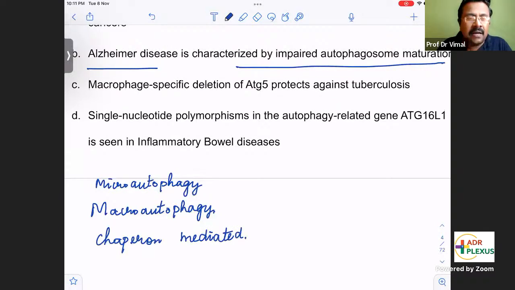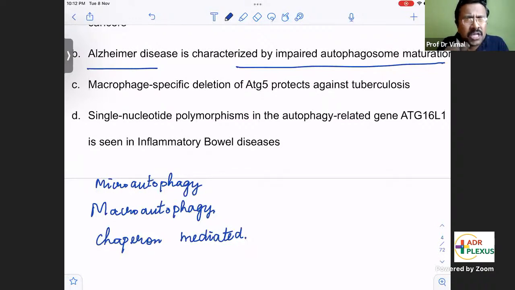So what happens in macroautophagy? The phagosome and the lysosome fuse, like what happens in phagocytosis, resulting in autophagosome formation. So if it involves phagosome and lysosome fusion, then it is macroautophagy. If it is just an invagination of the cellular membrane engulfing cellular organelles, then it is microautophagy.